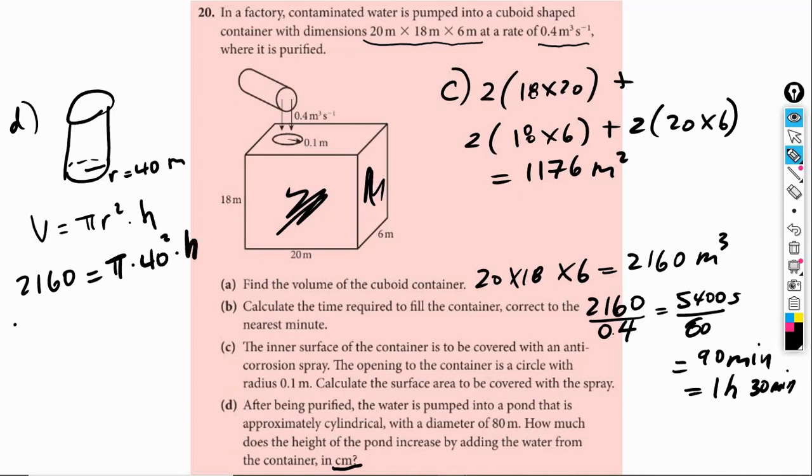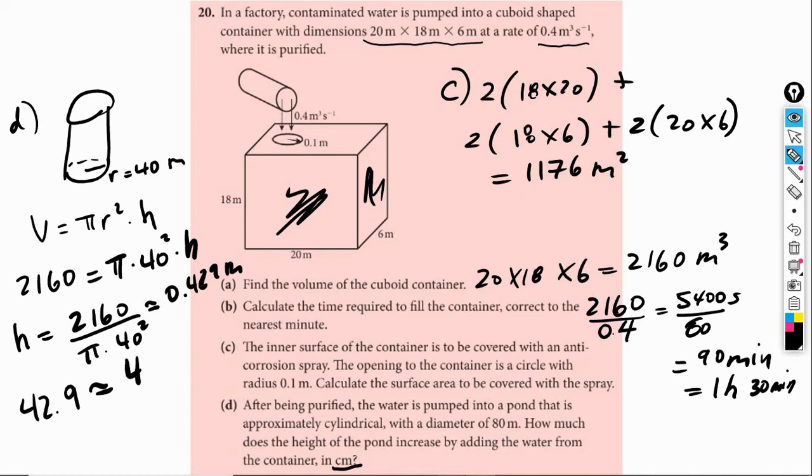So we can find the height by simply dividing 2160 by pi times 40 squared. And you're going to see that this is approximately 0.429 meters. But they want the answer in centimeters. Remember that there's 100 centimeters in a meter. So if we multiply this by 100, we're going to get 42.9, or approximately 43 centimeters.